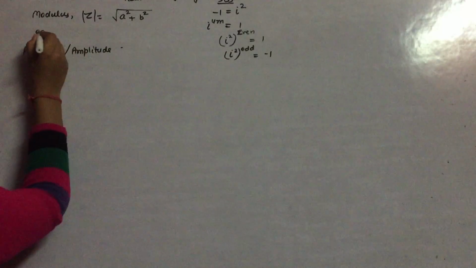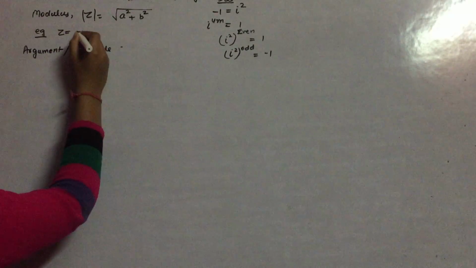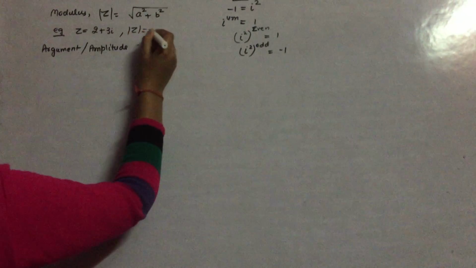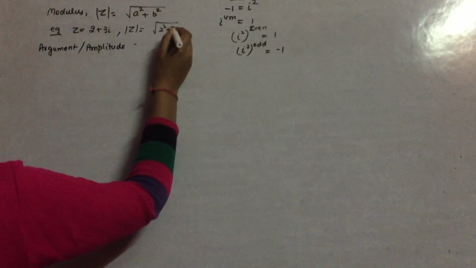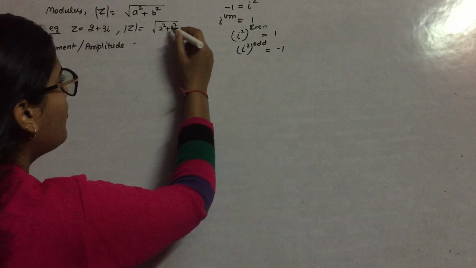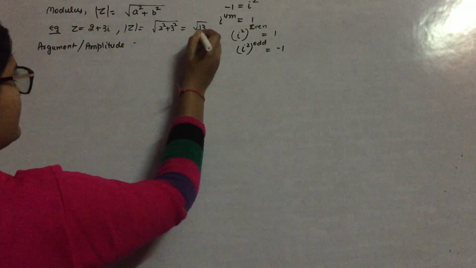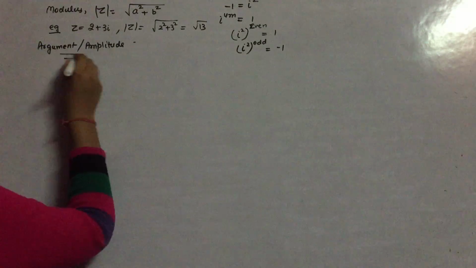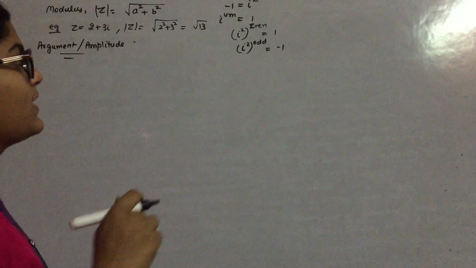Let us suppose your standard complex form is 2 plus 3 iota. Then your modulus is the root of 2 square plus 3 square, which is root of 4 plus 9, root 13. Okay, very simple.